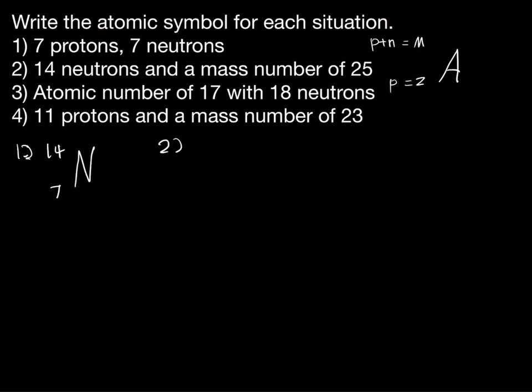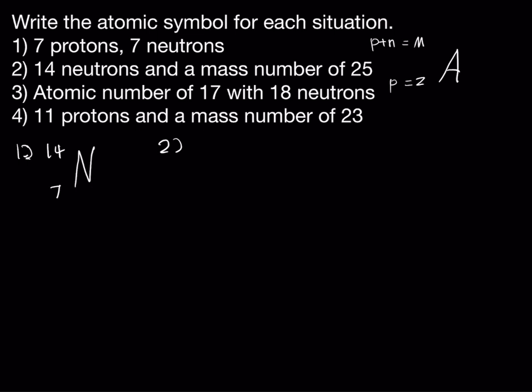Number 2 is 14 neutrons and a mass number of 25. So for this one, if the mass number is 25 and we want to find the number of protons, we're going to have to take 25 minus 14, which is going to be 11.